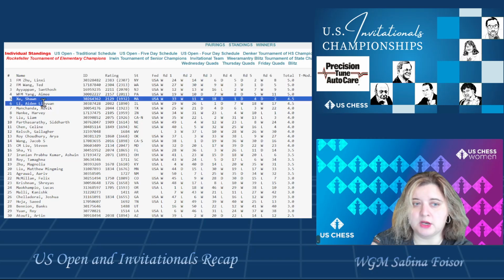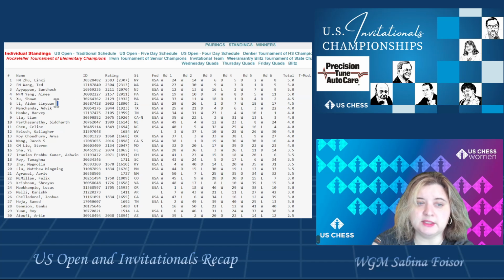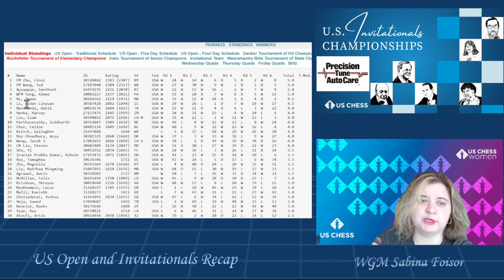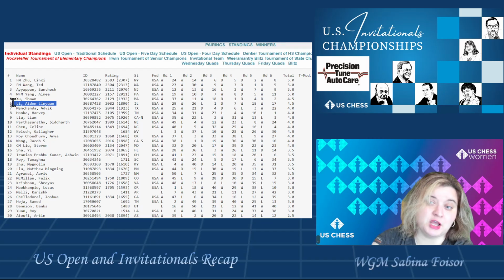And then there was one more scholarship for Sean Xu, the next player, with 4.5. Aiden Lee finished in 6th, still shared with 4.5, but unfortunately, due to tiebreak, ends up finishing out of scholarship money.